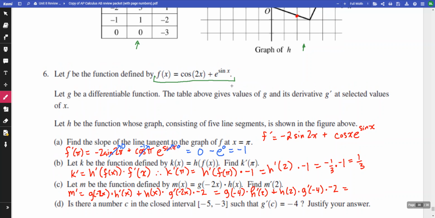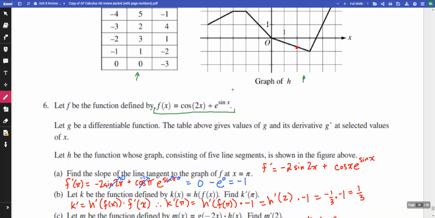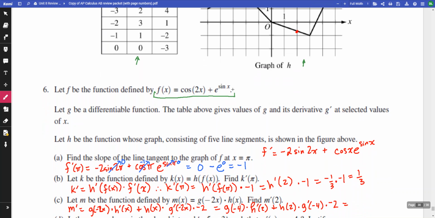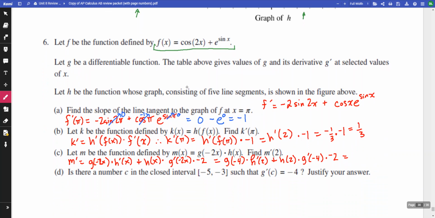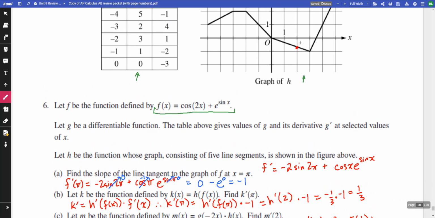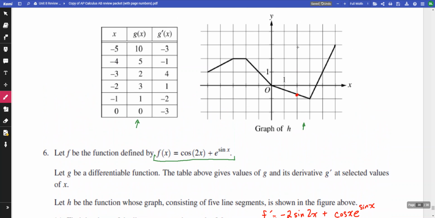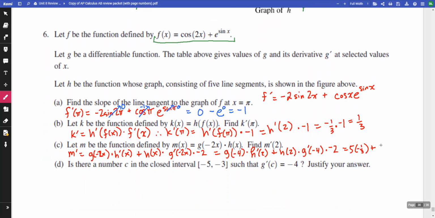So let's come to our tables. All right, so h prime, the slope we knew was negative 1/3. We also need g of negative 4. So g of negative 4 is 5. So this is going to be 5 times negative 1/3 plus h of 2, the actual value at 2. Slope of negative 1/3, so that's going to be an actual value of negative 2/3.